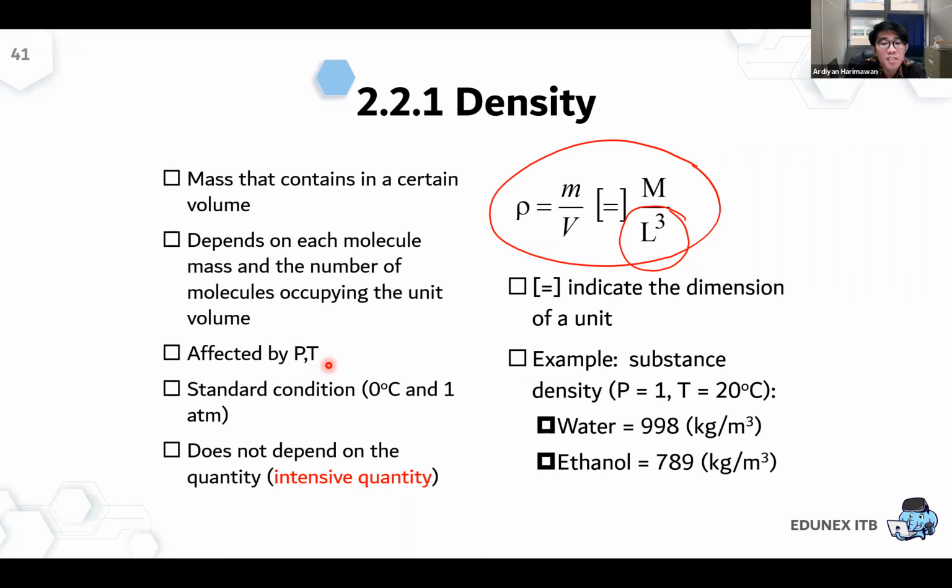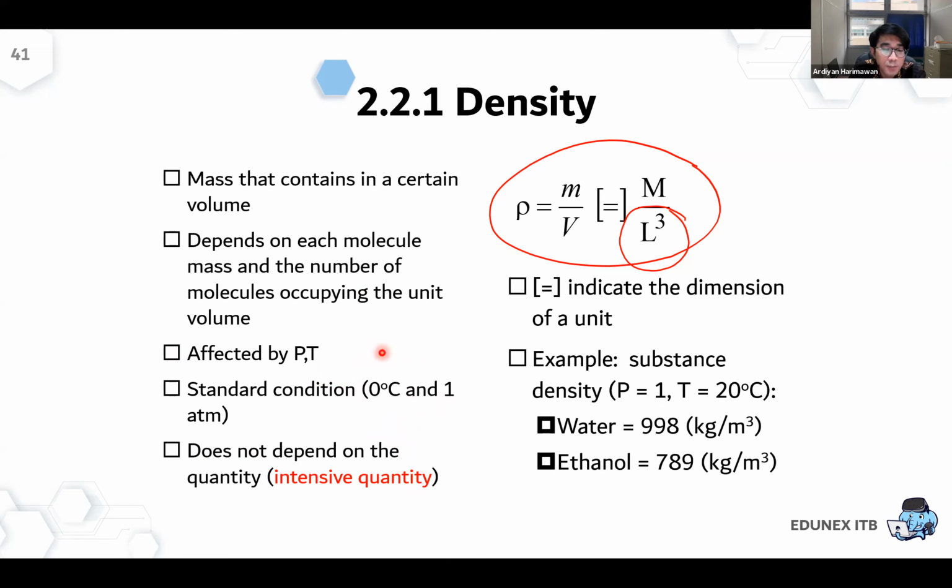The same fluid, because density is an intensive parameter, doesn't depend on the amount or the size. So the same fluid should have the same density, whether it's 1 kilogram or 1 ton or 1 gram. But the density may change if they have different pressure or condition.